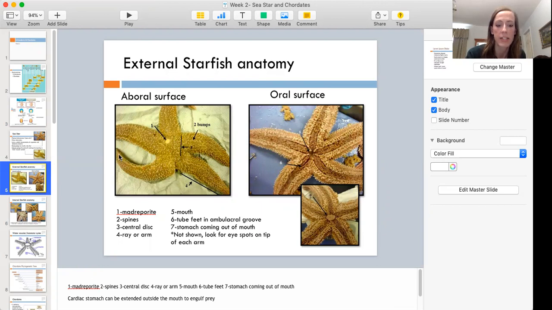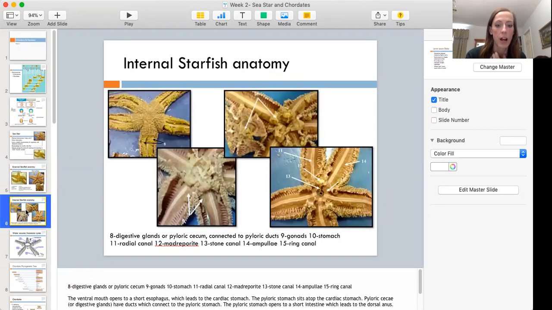We want you to start at the tip so that you don't disrupt the features that we're going to be able to see in the central disc. Okay, so you're going to start by cutting the tip. You're going to cut up and remove the spines that are on the outer covering of the arm.